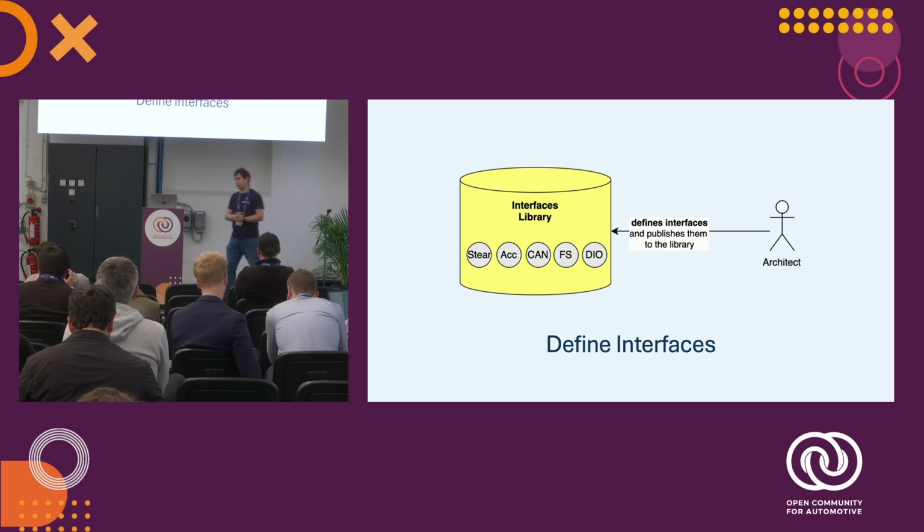If you know Android, you know AIDL. Again, it's a standard. It's not like AIDL, where one company decides how this looks, and then it evolves like the company wants. So in this example, we defined some interfaces like CAN, file system, digital input-output. These interfaces are versioned, actually semantically versioned, and we can publish the interfaces into an interfaces registry.